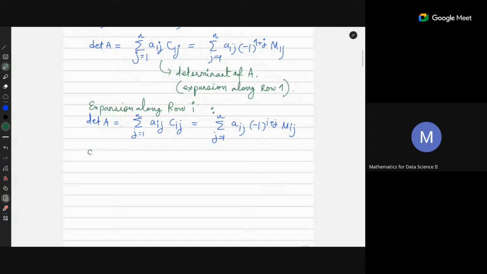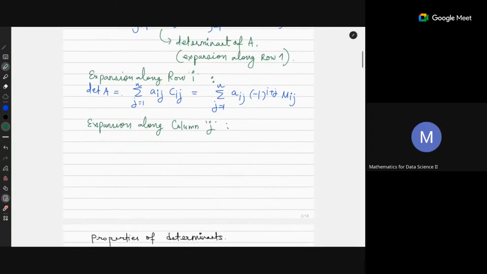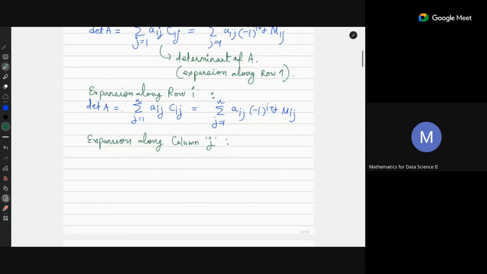Or you can have expansion along some column j, and in this case you will vary i. So the determinant of A will be the sum of Aij Cij.